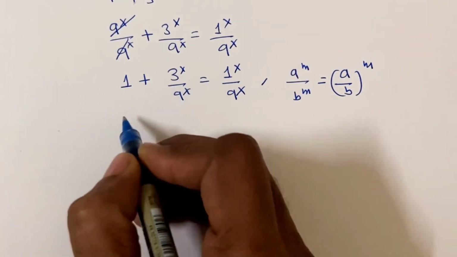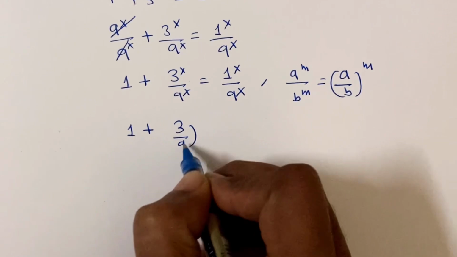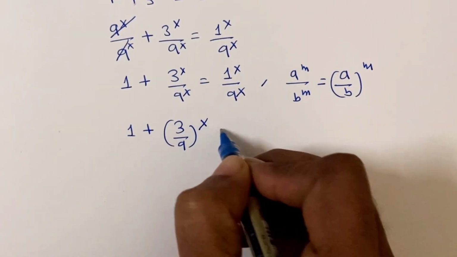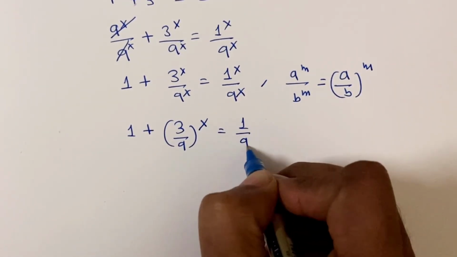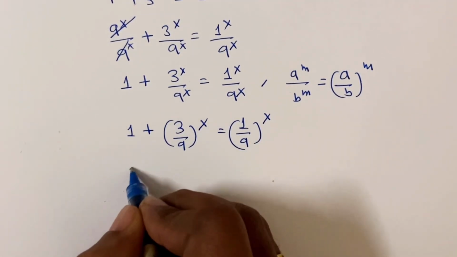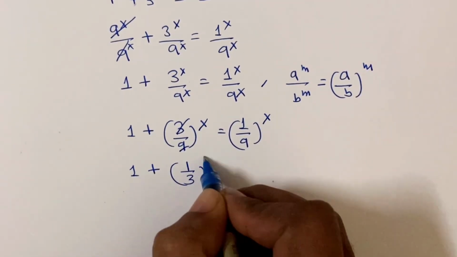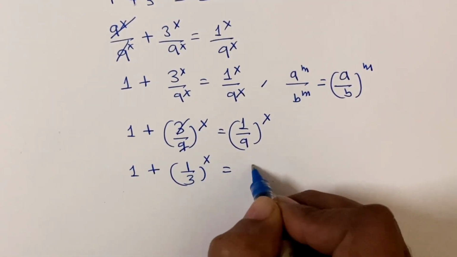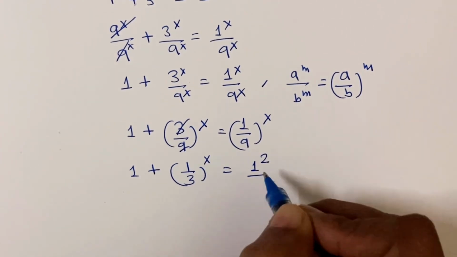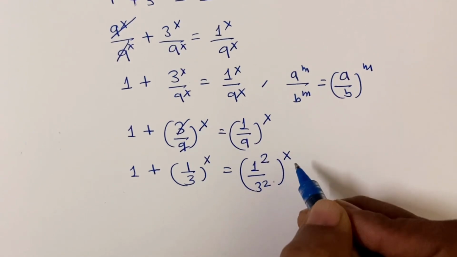So this will be simplified to 1 plus (3 divided by 9) to power x equals 1 divided by 9 to power x, which is equal to 1 plus (1 by 3) to power x equals, this can be written as 1 square divided by 3 square to power x.